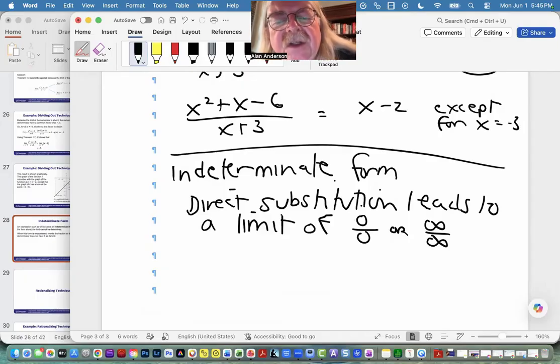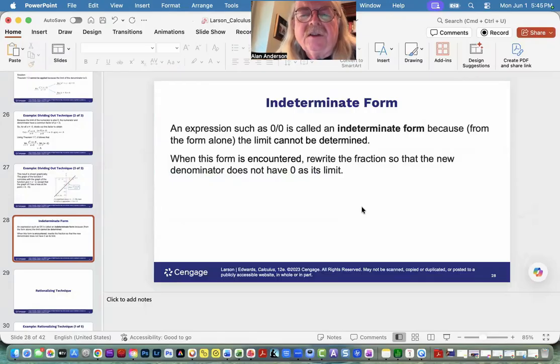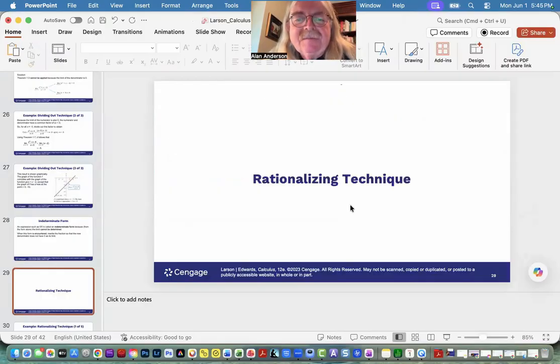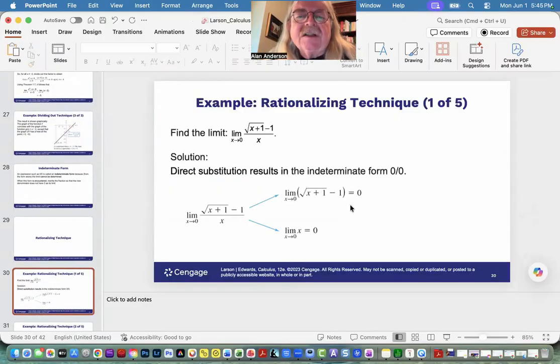When that happens, there's a couple of options. One of them is just to algebraically rearrange it so that this is no longer the case. And at the moment, that's all we know how to do. But there's another technique we're going to learn a couple of chapters on that gives us another way of handling these cases.